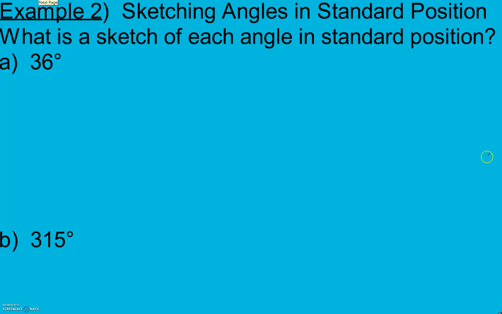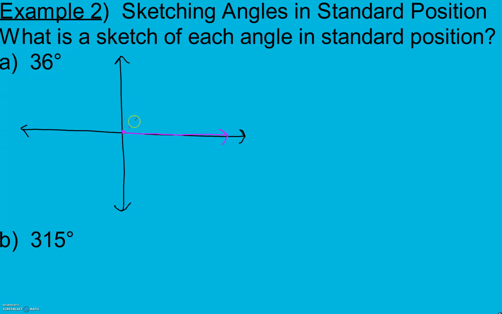Sketching angles in standard position. What is a sketch of each angle in standard position? So here, sketch means it doesn't have to be perfect, guys. You don't have to get out a protractor and measure it. If this is my coordinate plane, my initial side goes on my x-axis. 36 degrees means it's going to be less than half of the first.